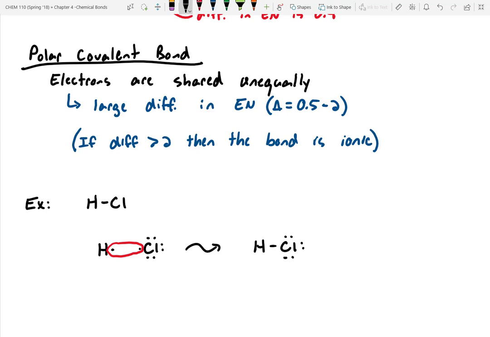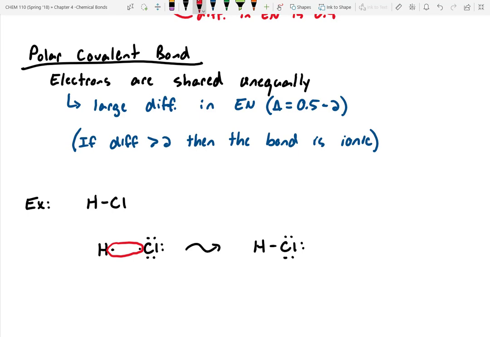Now the tricky question is, without looking at the table from yesterday or in your book, which atom do you think is more electronegative, hydrogen or chlorine? Yeah, if you remember, the trend is towards the top right-hand corner of the table, and chlorine's closer to that top right-hand corner. So chlorine's more electronegative.